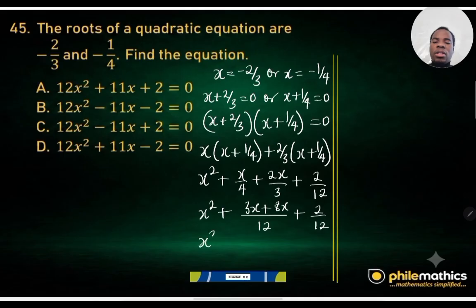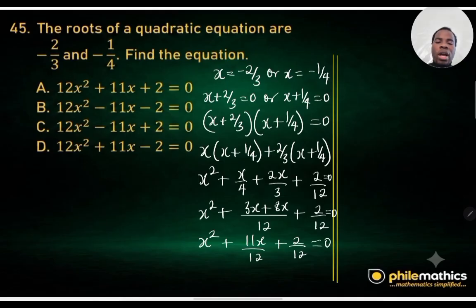This is x squared plus 11x/12 plus 2/12. Forgot to add our 0. At this point, we can multiply through by 12. So we have 12x squared plus 11x plus 2 equals 0.